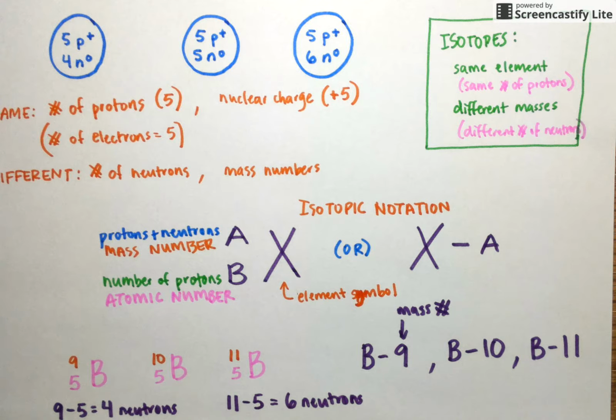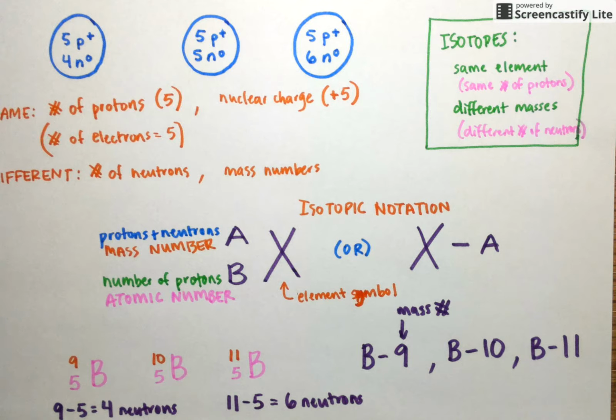But if I didn't know that there were 4 neutrons, what I could do is say that because I have a mass of 9, and that mass comes from my protons plus my neutrons, if I get rid of 5 atomic mass units, that leaves me with 4, which means I must have 4 neutrons in my atom to account for that extra mass. So I can work backwards from my notation to figure out how many neutrons must have been in the original element.